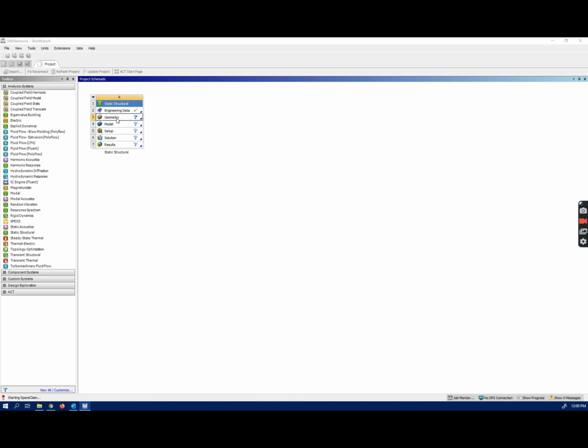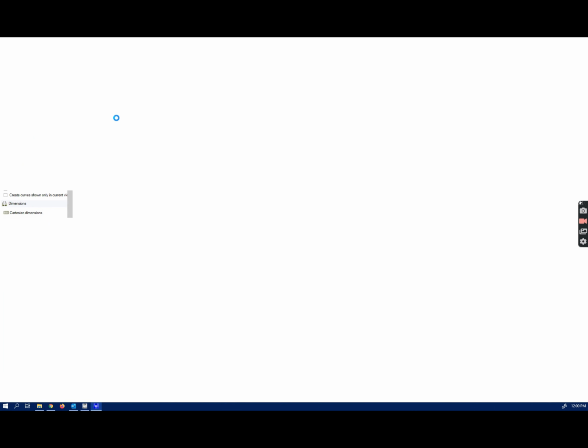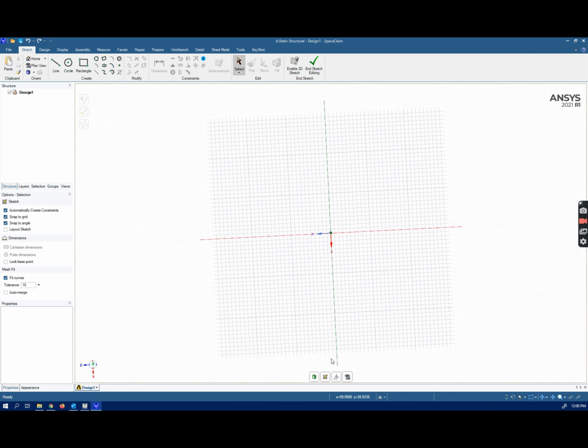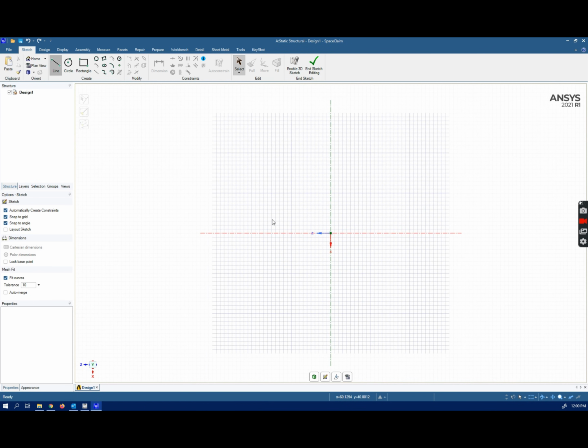So for this case, it's going to be a small bracket with some load, and that load is going to have a sinus shape variation, so we can analyze that case. So let's draw our geometry.